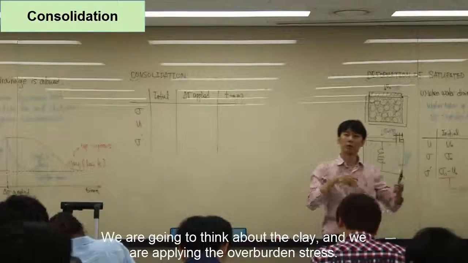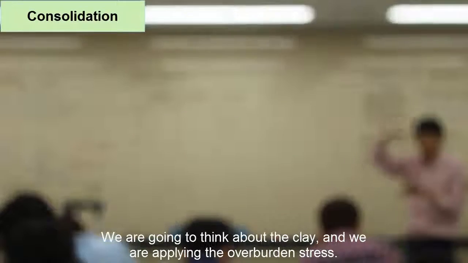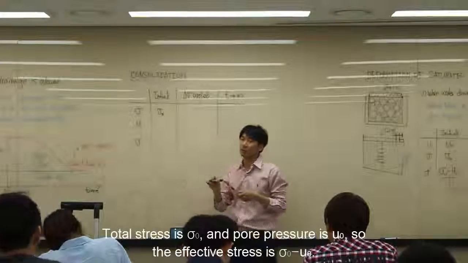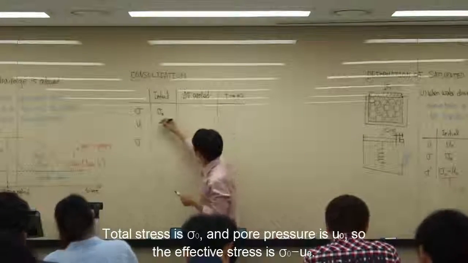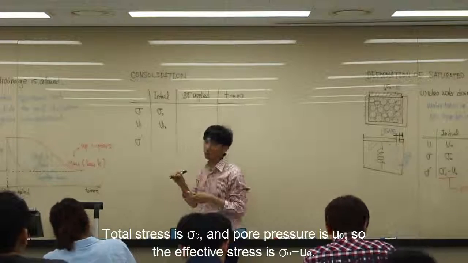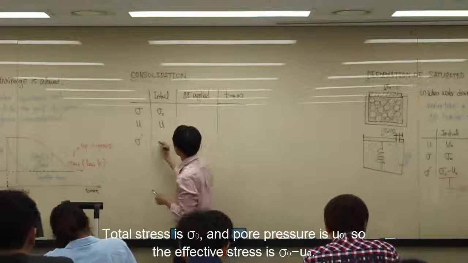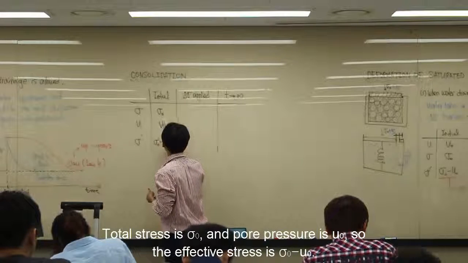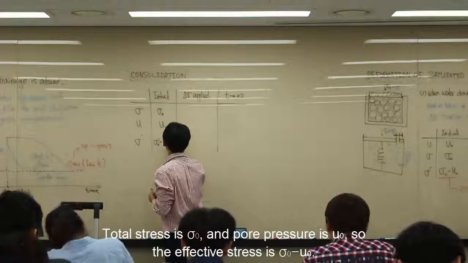So we're going to think about the clay, and we apply the over stress. Initially, before loading, total stress was sigma naught, and pore pressure was also the initial value u naught. So the effective stress, sigma prime naught, was sigma naught minus u naught.